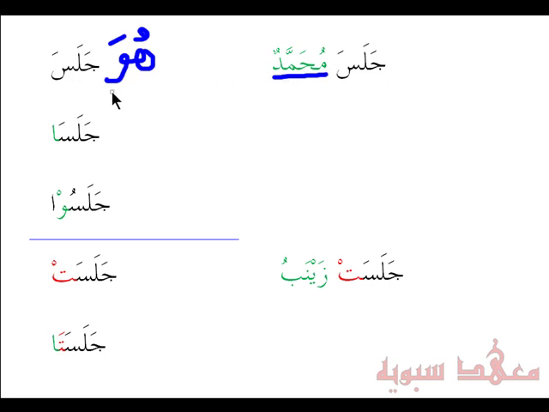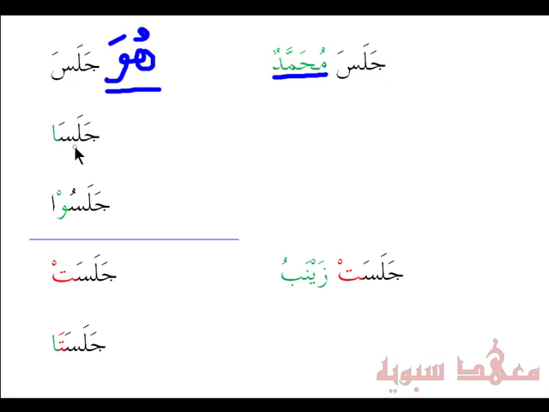In the previous case it's huwa, and we learnt from the last lesson that huwa is also marfu', but it's mabni, and that's why it doesn't take the dhamma at the end, because its form doesn't change and it's inbuilt into the verb, while Muhammad is dhahir, or apparent. Dhahir means you can see it, as opposed to mustatir, which you can't see. Let's get to the next verb.